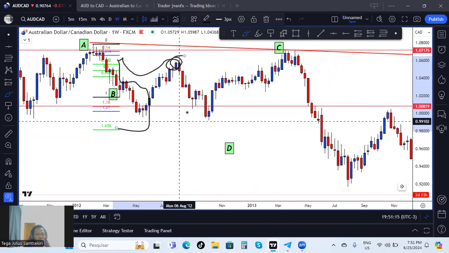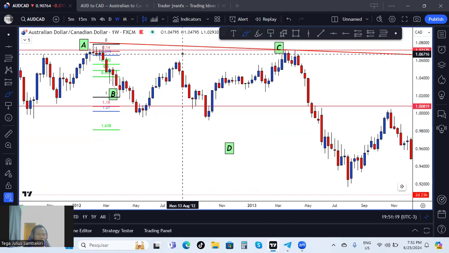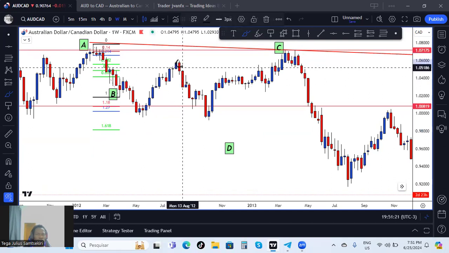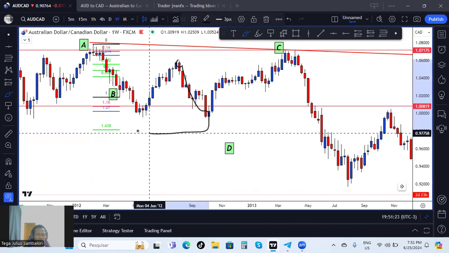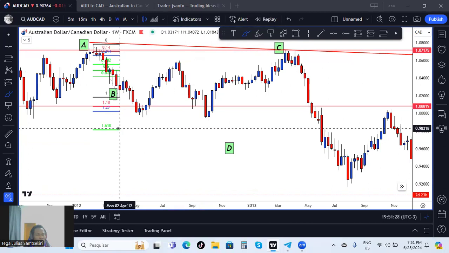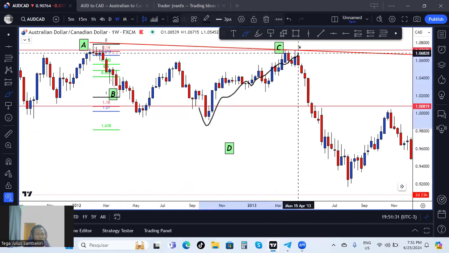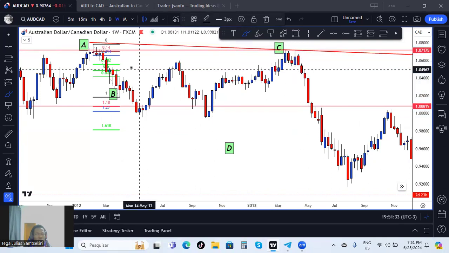But the market did not touch the blue. And when the market was falling from here, it did not get to the green area, which is 1.618. And the market reversed to the upside and touched the red.